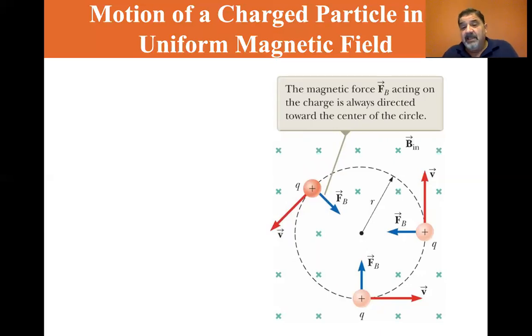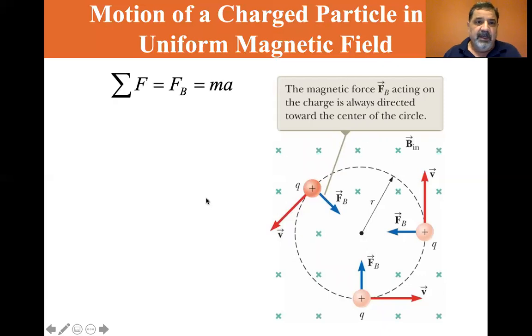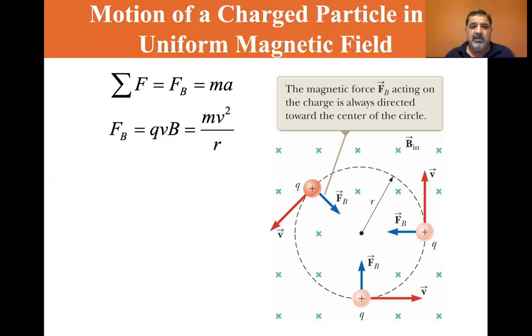It basically has a centripetal force caused by the magnetic field. You have a particle traveling in a magnetic field, so there's a force on it. The magnetic force is equal to mass times acceleration. We know that the force is QVB sine theta. In this case, theta is equal to 90, the sine of 90 is equal to 1, so it's just QVB.